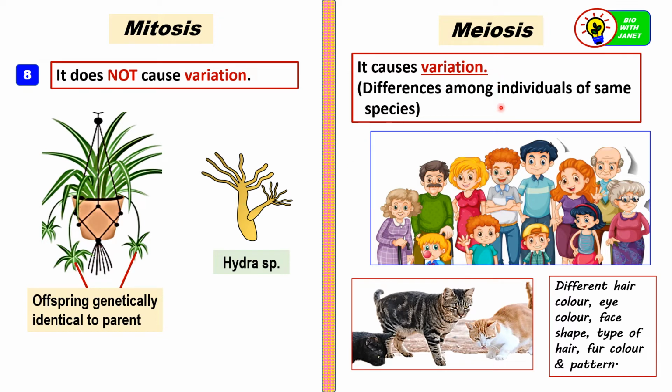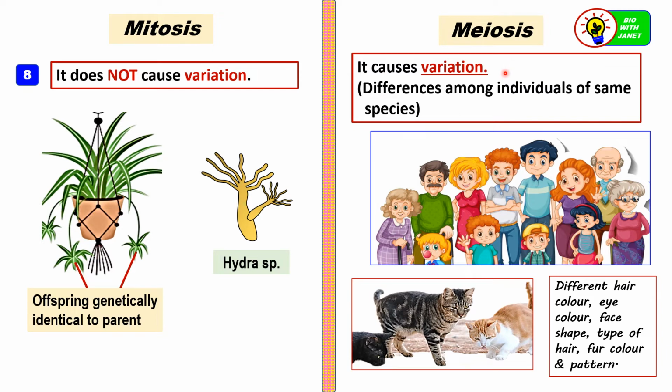Now for meiosis, it causes variation to occur. Why? Because gametes that are formed through meiosis are all genetically different due to the process of crossing over and the random arrangement of homologous chromosomes at the equatorial plane during metaphase 1 of meiosis.